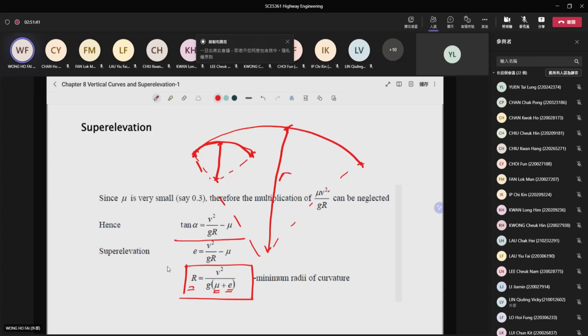One with much larger R, and this R is much smaller, right? If you want the vehicle to turn back with a smaller radius of curvature and with the same speed, then you may increase the friction coefficients, or you may increase the super elevations. Then in this case, you can reduce the so-called radius of curvature for the horizontal curve.